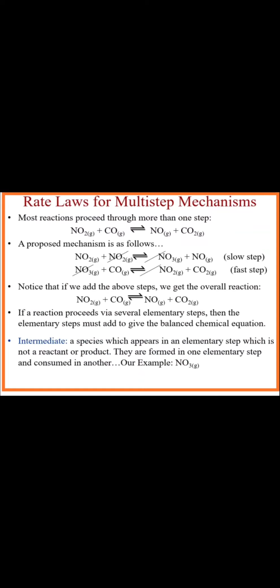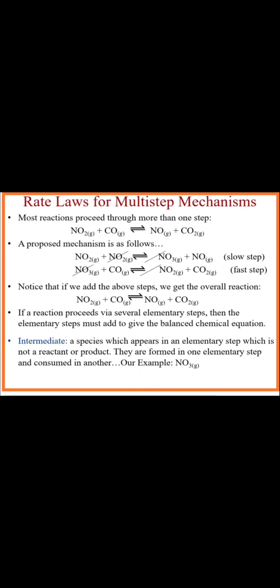In this mechanism, in the first step, two molecules of nitrogen dioxide combine to give NO3 gas and nitrogen monoxide. The formed NO3 gas is consumed in the next step, forming nitrogen dioxide and carbon dioxide.